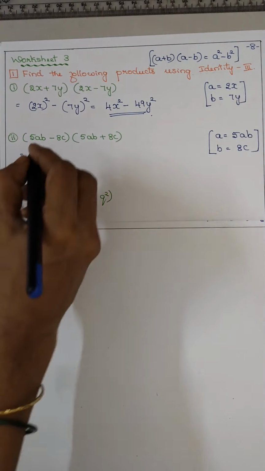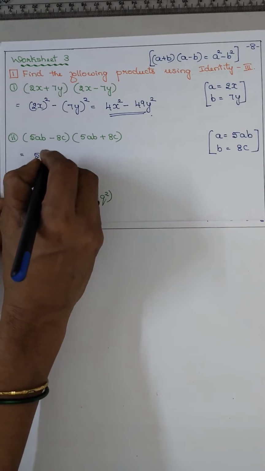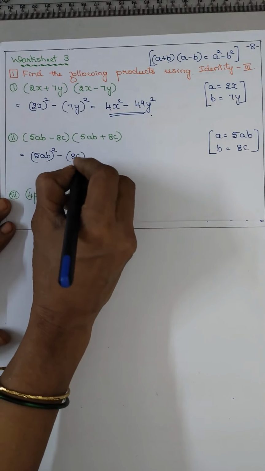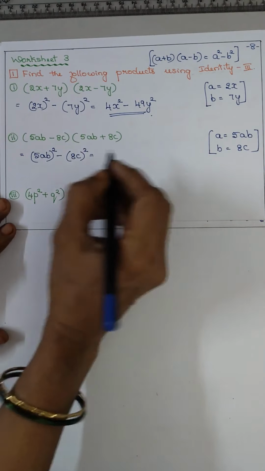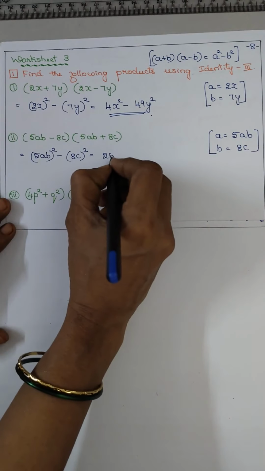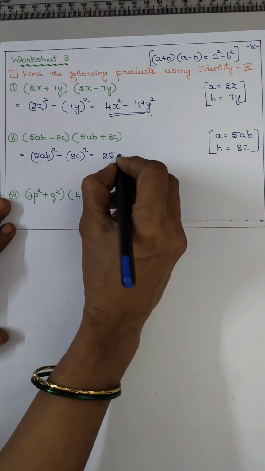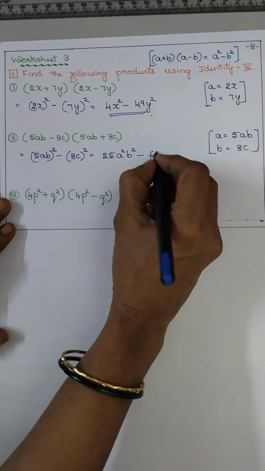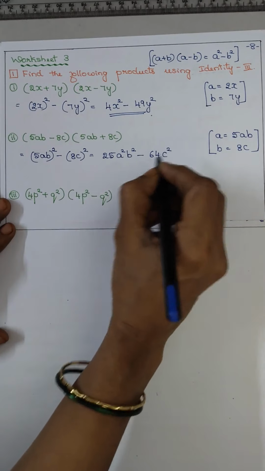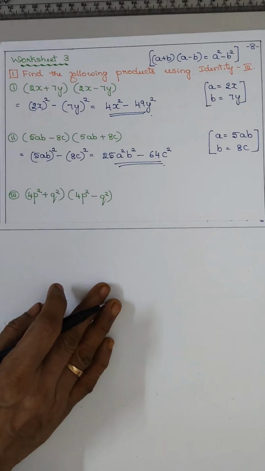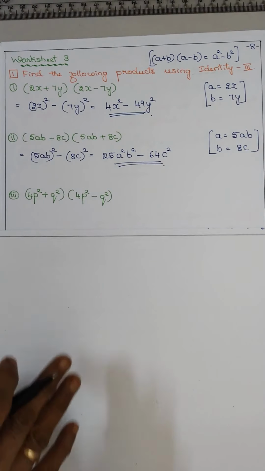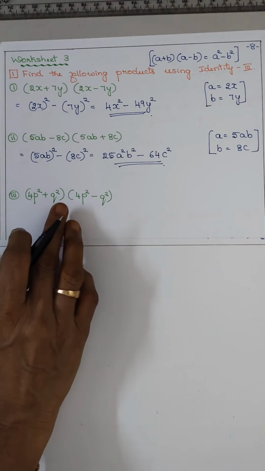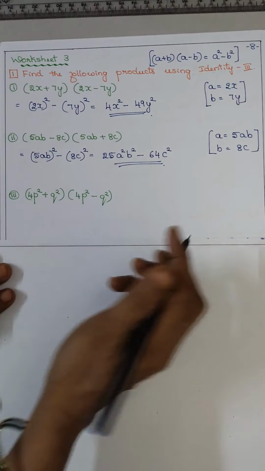It is a squared 5ab the whole square minus b 8c the whole square. Now 5 squared is 25, ab the whole square means a squared, b squared minus 8 squared is 64, then it is c square.